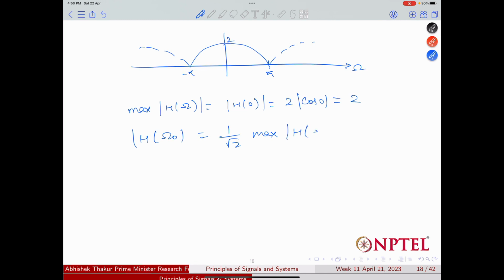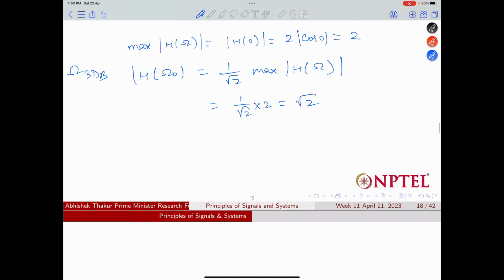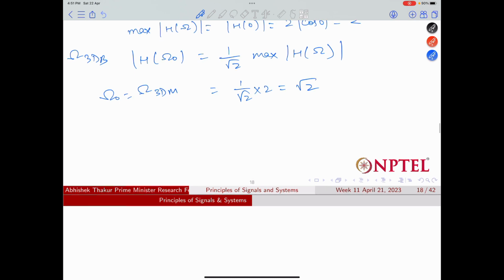This is our 3 dB frequency, omega 3 dB. So this will become 1 by root 2 into 2, that is equal to root 2. So this omega naught is equal to omega 3 dB. Now we substitute the magnitude, 2 cos omega naught by 2, which should be equal to root 2.